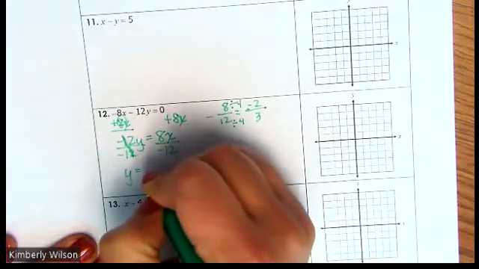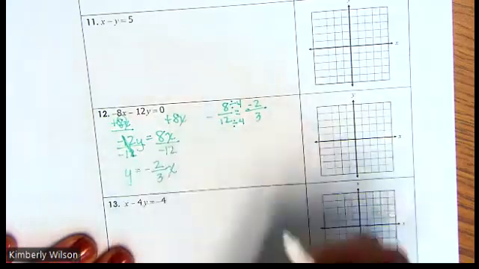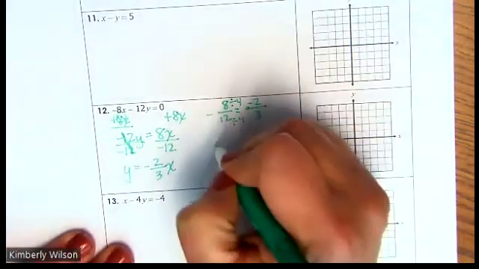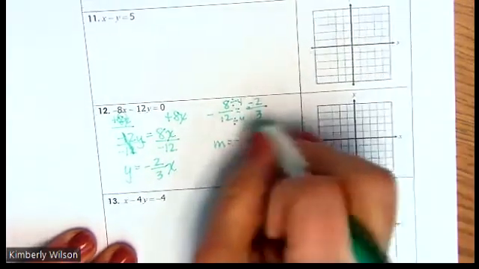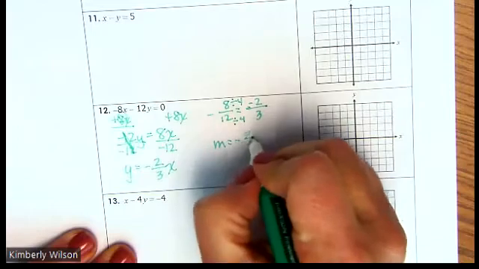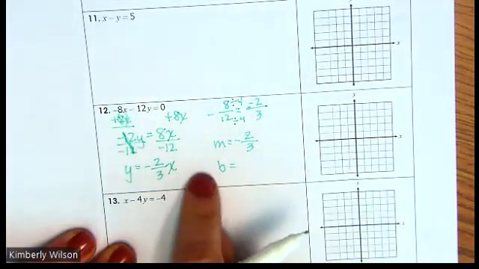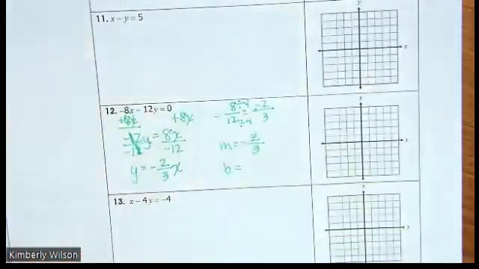So that is the slope that I have, negative 2/3 x. We always want the fractions simplified. Okay, so now my slope is negative 2/3. My y-intercept, there's nothing added or subtracted. So remember, that's understood to be plus 0.